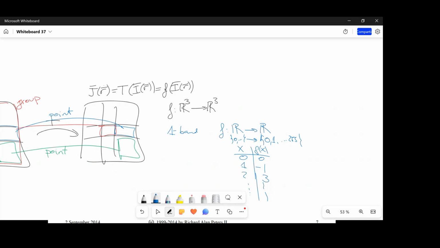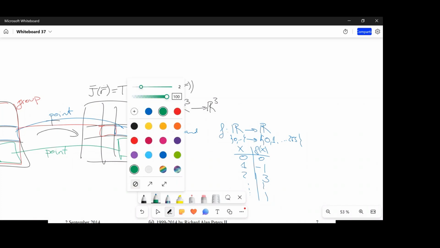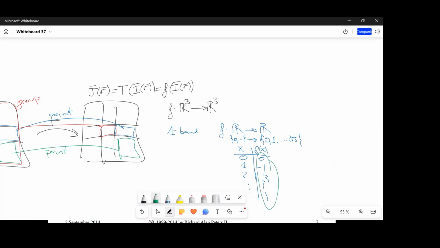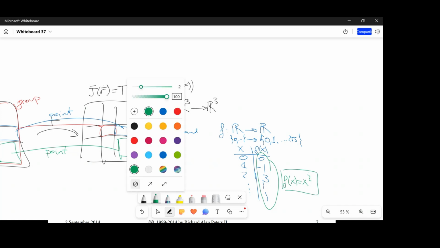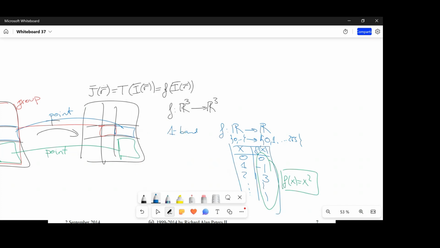Sometimes these tables can be written in a nice form. This is not the case here, but sometimes you can. If you are used to thinking of functions in that way, the best way of thinking of a function is as data, a one-to-one correspondence. Sometimes this correspondence can be very easily written, but many other times it cannot. Okay, this is one band.